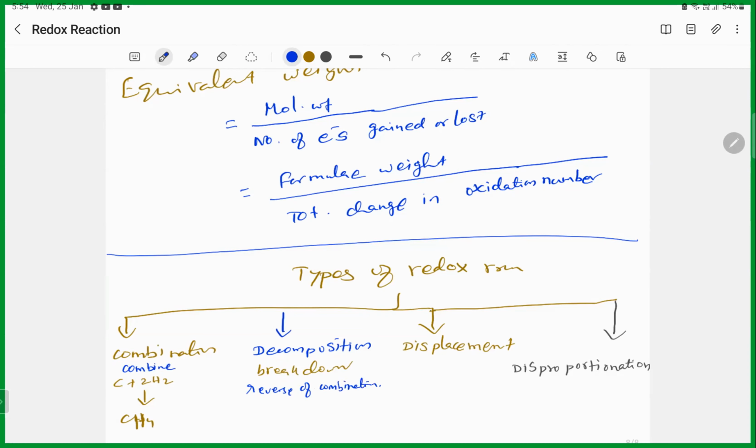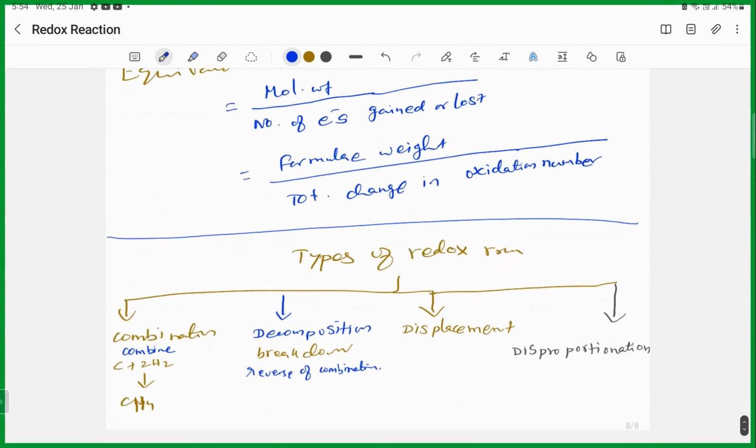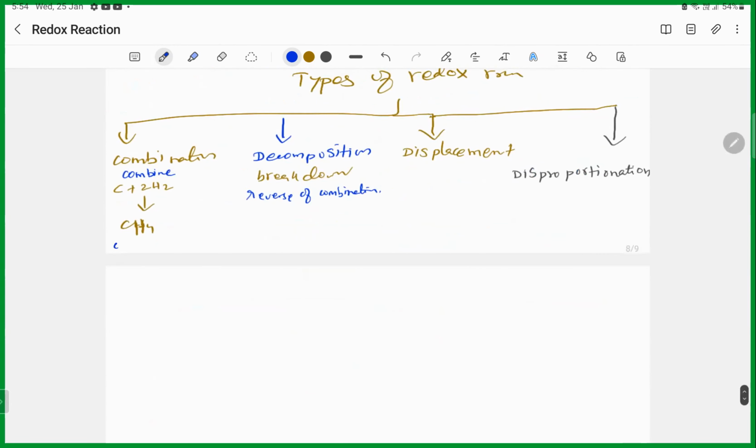For this to be a redox reaction, one of the products must be elemental. In combination, one of the reactants should be in elemental form. Here, one of the products should be in elemental form.